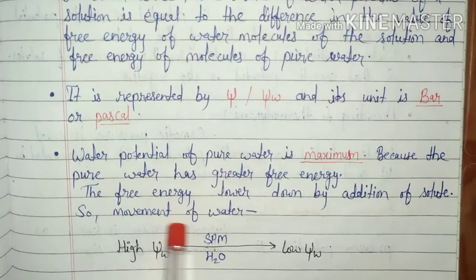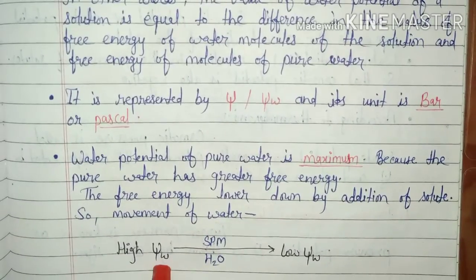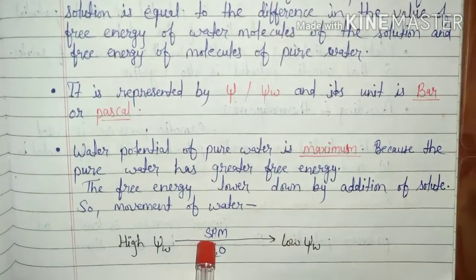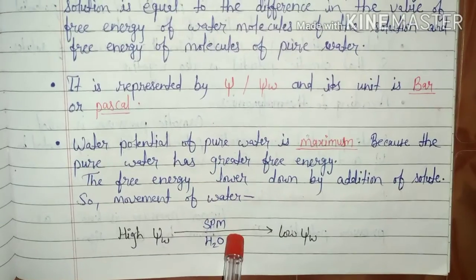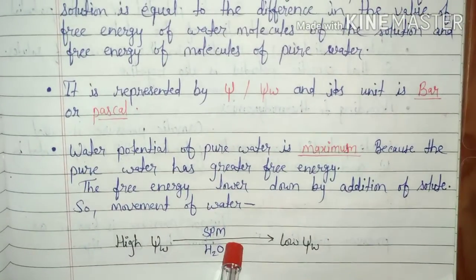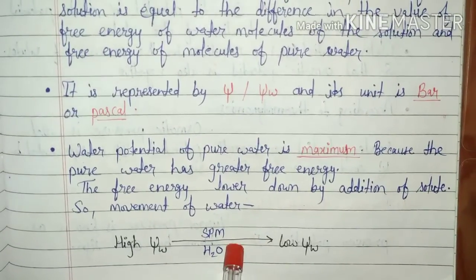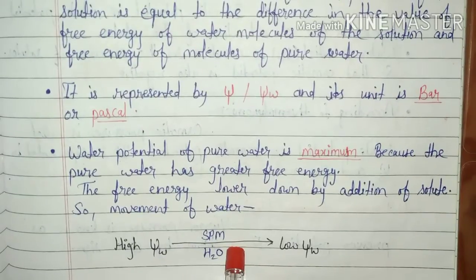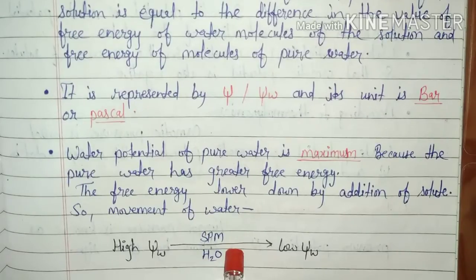So water molecules move from high water potential to low water potential through a semi-permeable membrane. It means the free energy of pure water is maximum, and when some solute is added to it, the free energy of the solvent decreases. Hence, the free energy of any solution is less than that of pure water, meaning water potential is always negative.